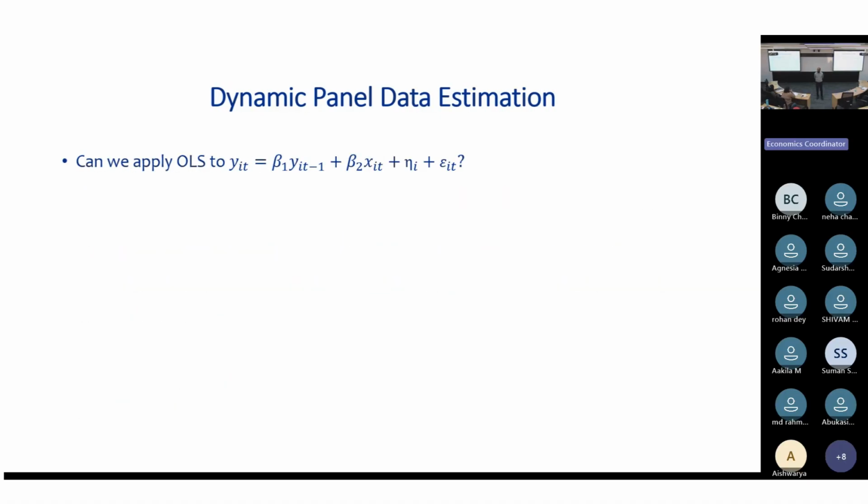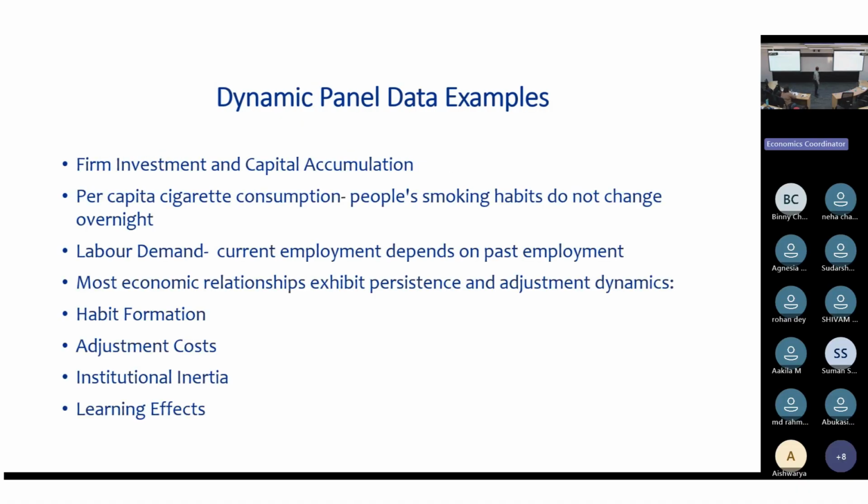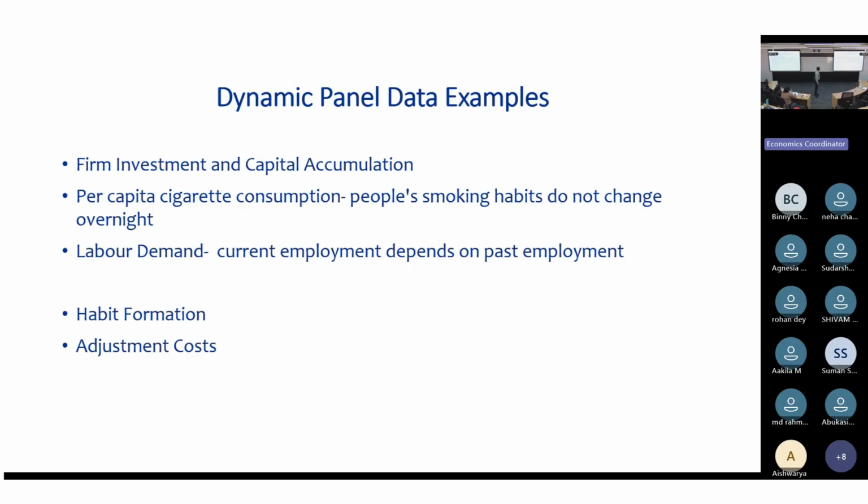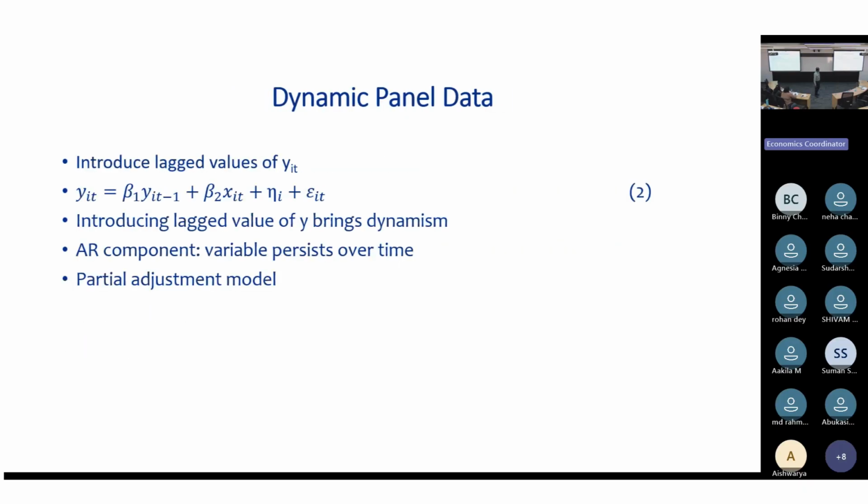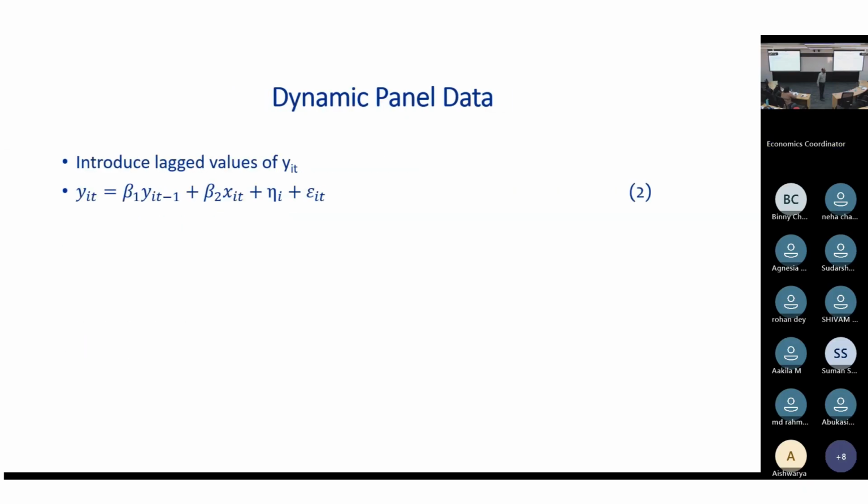Now, my first question is, can we apply OLS to this model? We need to estimate the coefficients, right? We have a beautiful model here. We want to estimate the coefficients, beta 1 and beta 2. We want to know how fast. So what does this beta 1 capture?